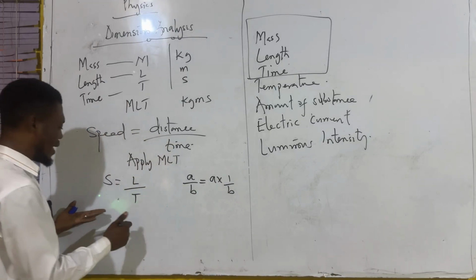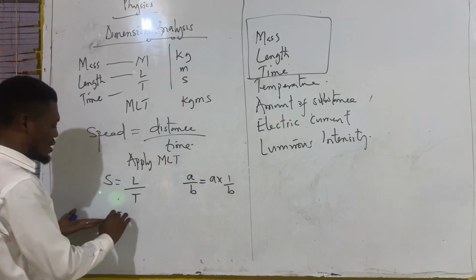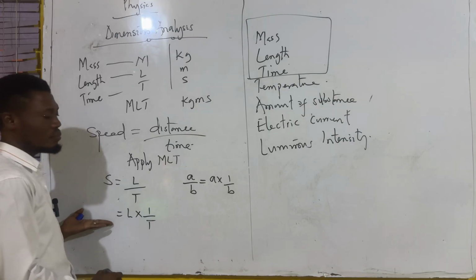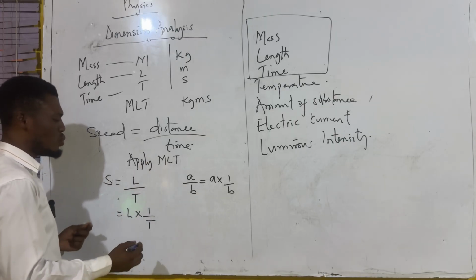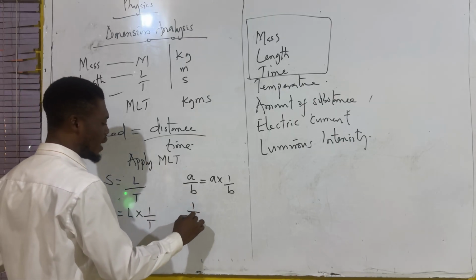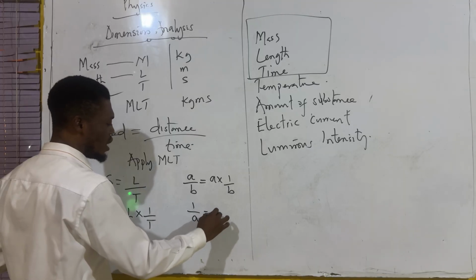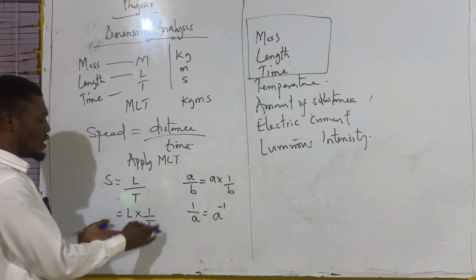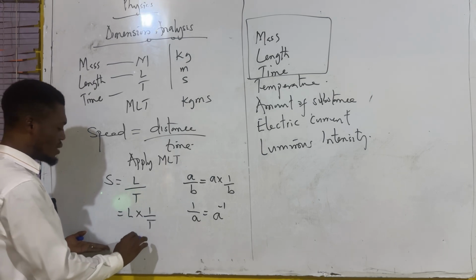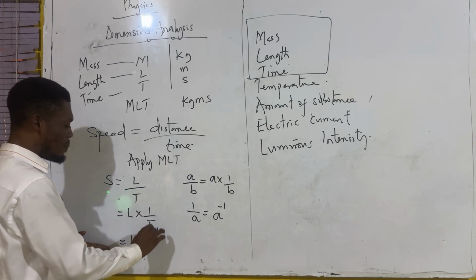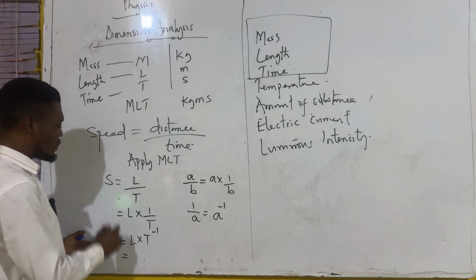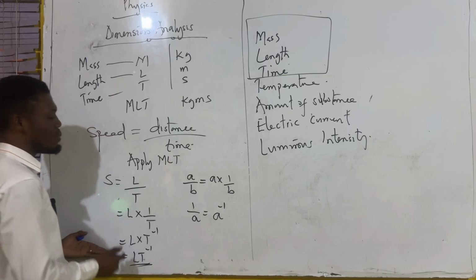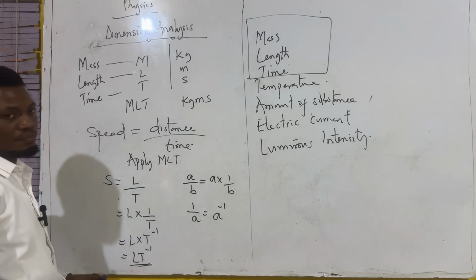Using this principle, I can write L over T as L times 1 over T. Again, using a mathematics principle, 1 over A is the same as A raised to the power minus 1. That's your inverse rule. Since I have 1 over T, I can write it as T raised to the power minus 1. So the final answer for speed is LT^-1. That's the dimensional analysis for speed.